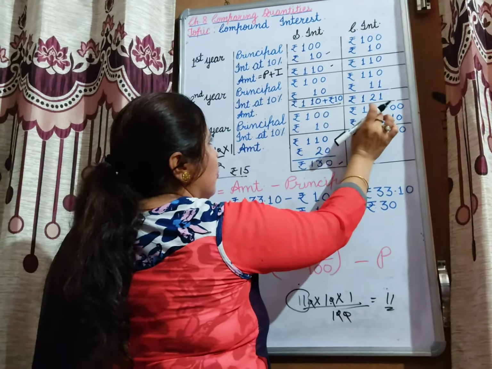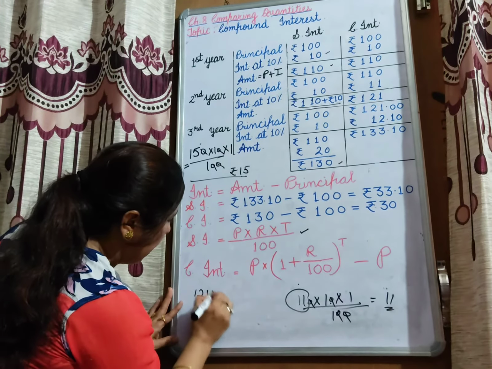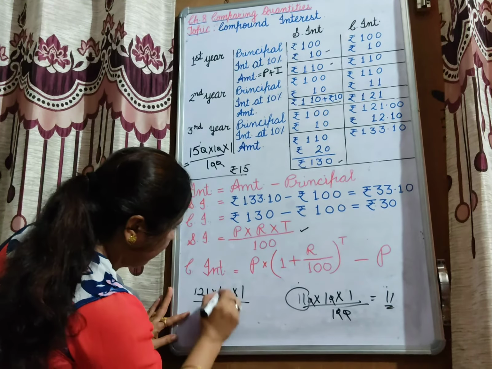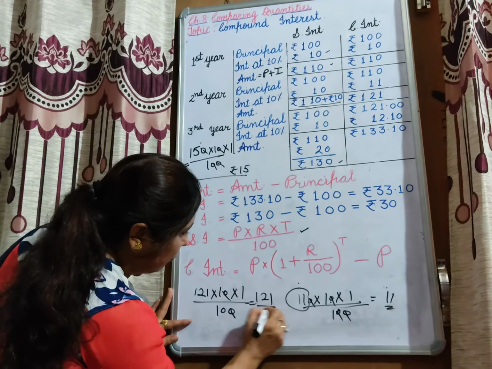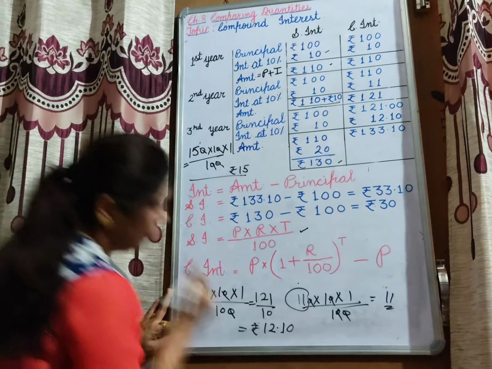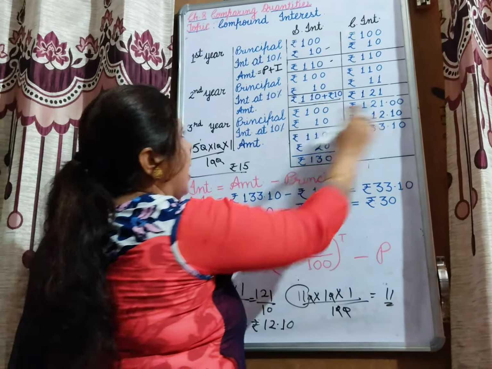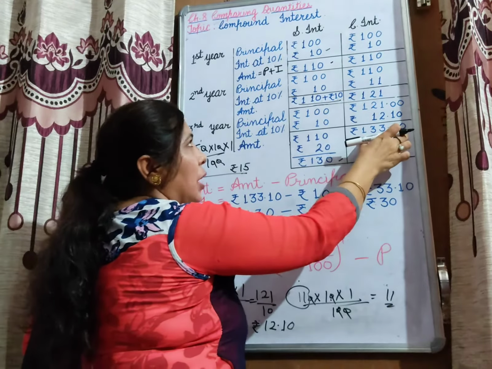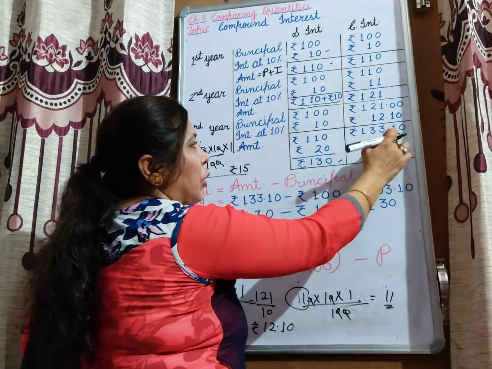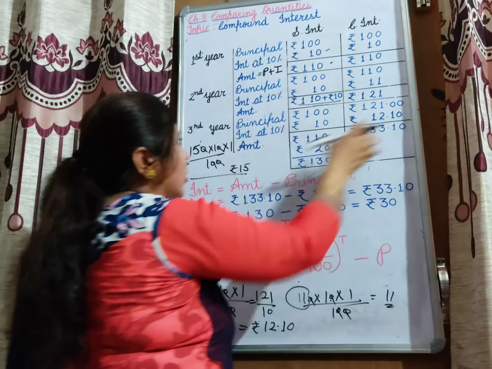Find the interest by 10%: 121 into 10 into 1 by 100. 121 by 10 means rupees 12.10. This is our interest. What will be the total amount after 3 years? You will get 133.10. This is our compound amount.